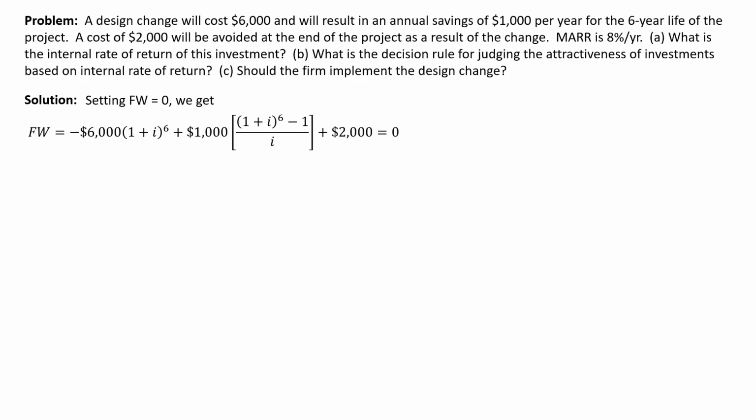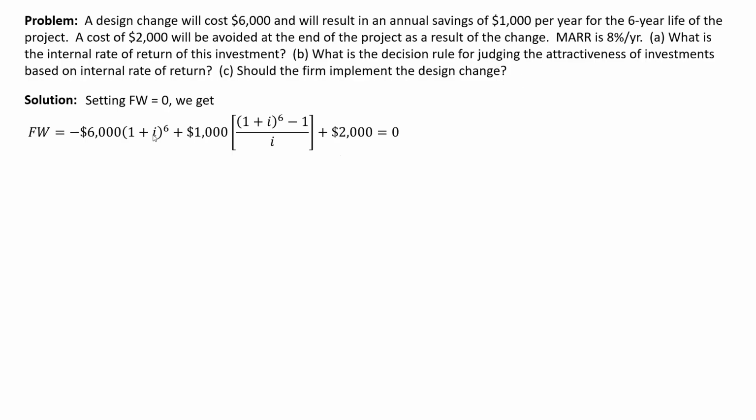So using that $1,000, finding the future value at t equals 6, and then a cost of $2,000 will be avoided at the end of the project as a result of the change. So we'll add that as a positive because you wouldn't have to shell out the 2,000 at t equals 6, which normally you would. So plus 2,000 equals 0, right? And the minimum attractive rate of return in this case is 8%.